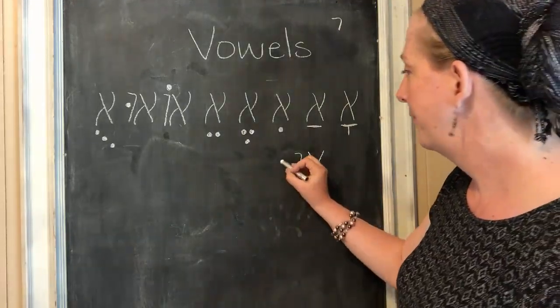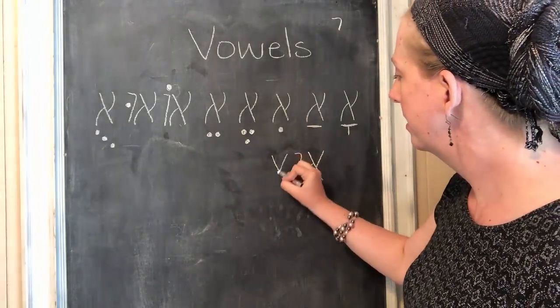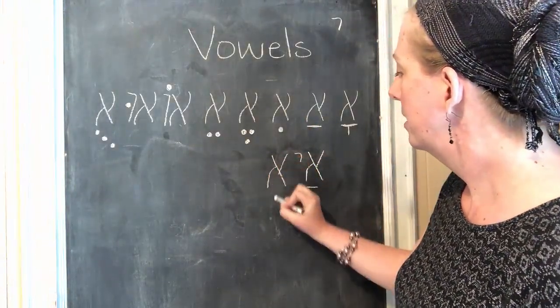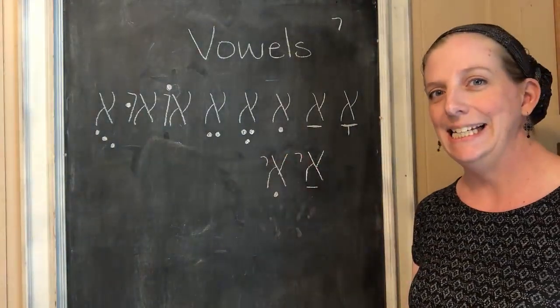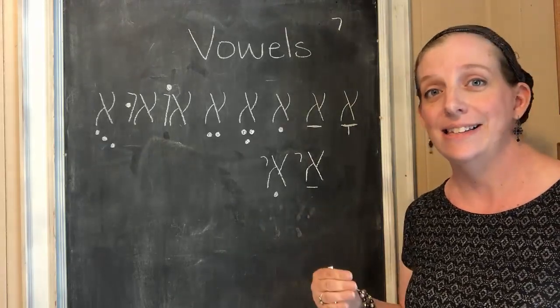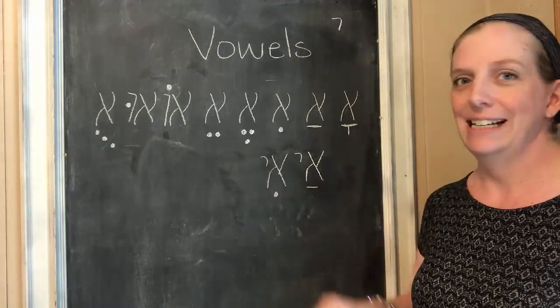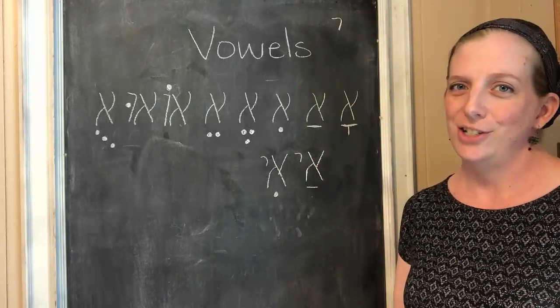Now, let's do it again for this one. It says eh up here. But when we add the yod, then this one now says our ee sound. All right, eh-ee. They don't really go this slow in Hebrew. I'm trying to do it in slow motion.